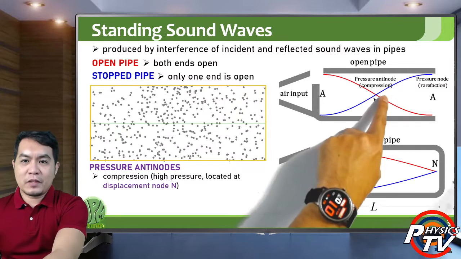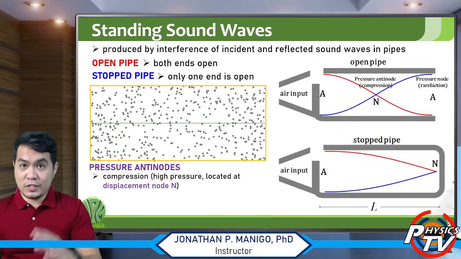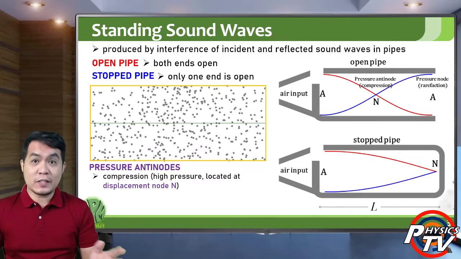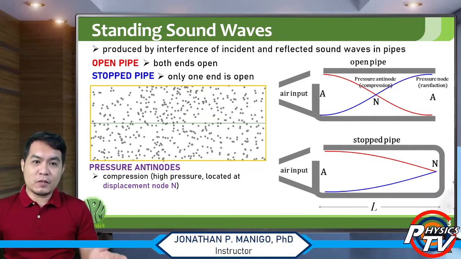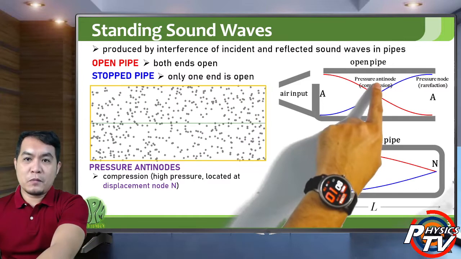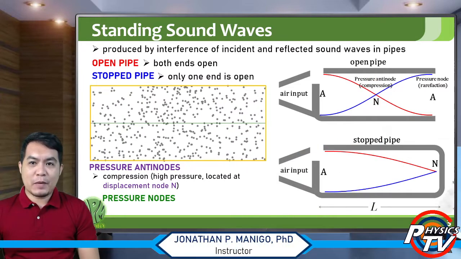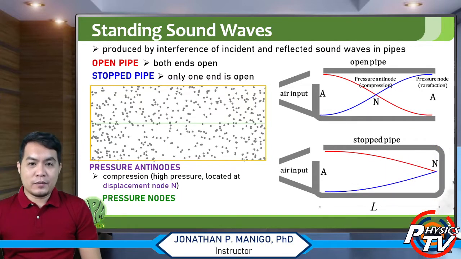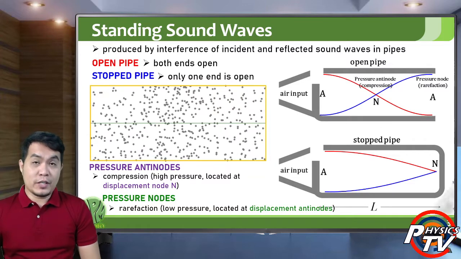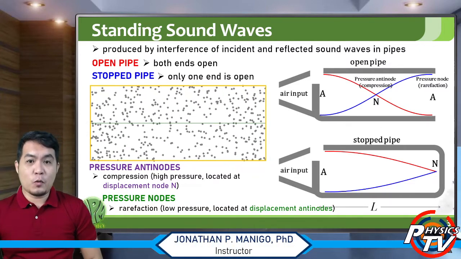This is a displacement node here, the N, but this is also a pressure antinode, since we have discussed in the previous videos that sound waves are basically just pressure fluctuations. So in terms of pressure fluctuations, a displacement node is equivalent to a pressure antinode. And a displacement antinode is equivalent to a pressure node, or a rarefaction region, or low pressure region.